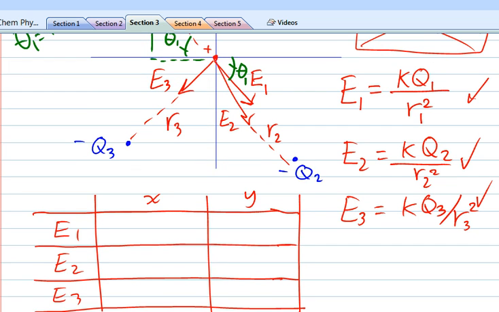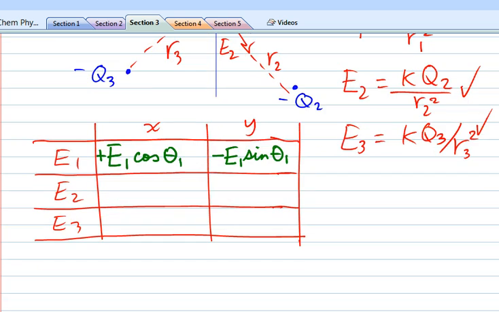And so that means that Ex would be E1 cosine of theta 1, and it's in the positive direction, but Ey would be negative E1 sine of theta 1. Now I'm not going to do the numbers, and you get the idea.